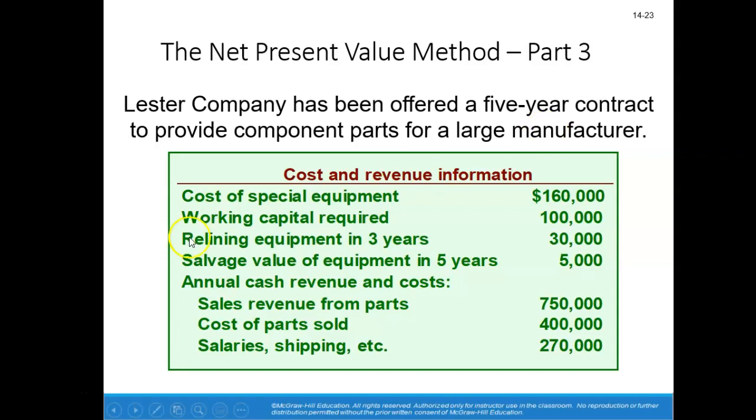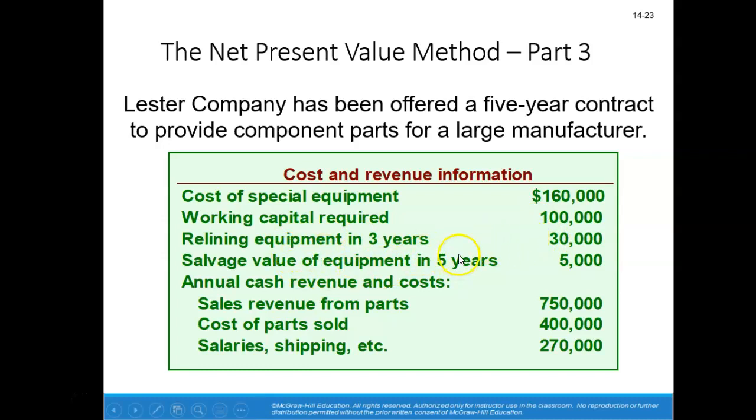First, we've got to buy special equipment that will cost $160,000. Working capital, to pay our employees, is going to be $100,000. At the end of 3 years, the equipment has to be relined at a cost of $30,000.